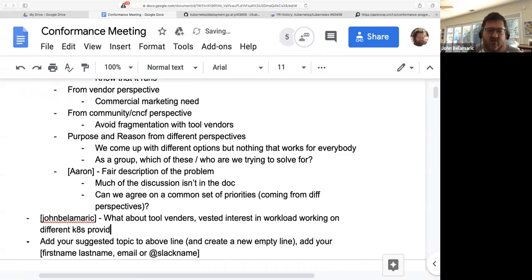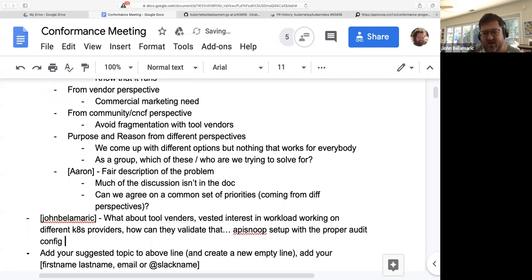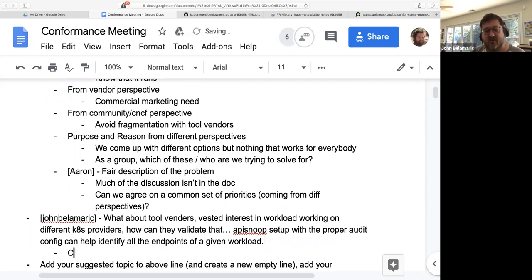And you mentioned that API Snoop, set up with the proper audit configuration, can identify all the endpoints that are hit by a given workload. I thought that's really nice and could help us get some of these vendors to potentially contribute if we can package that up in a really simple, easy to use way.